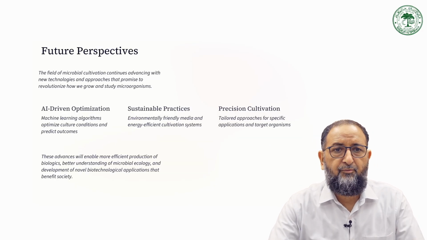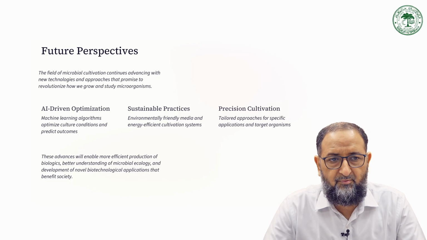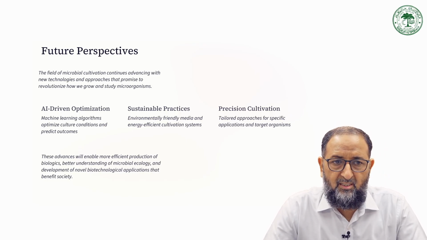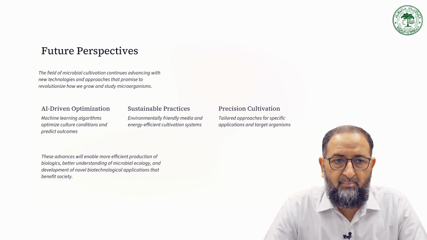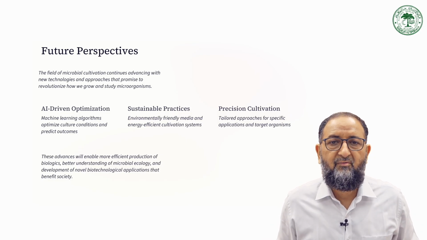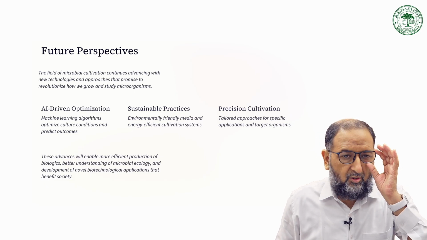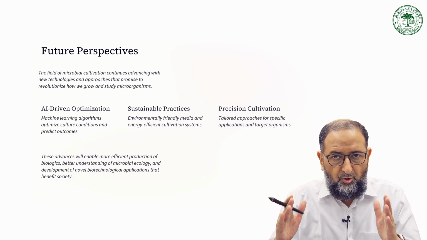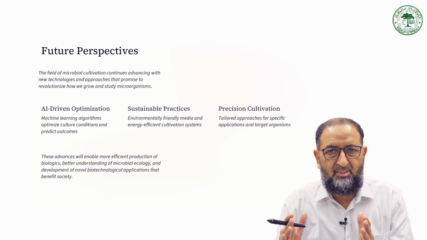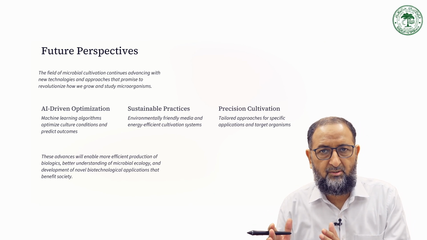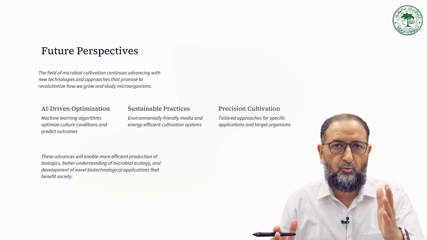Now, future perspectives. What are the future perspectives? AI-driven optimization. Machine learning algorithms optimize the culture conditions and predict outcomes. Whenever we talk about AI and machine learning, we must have database information. You have to collect the database information related to environmental conditions, culture conditions, and growth kinetics.